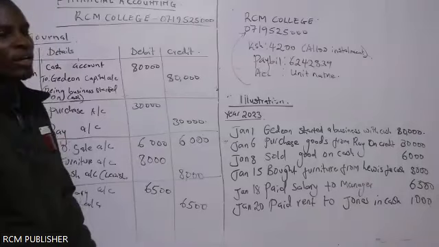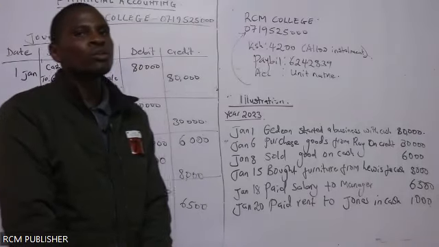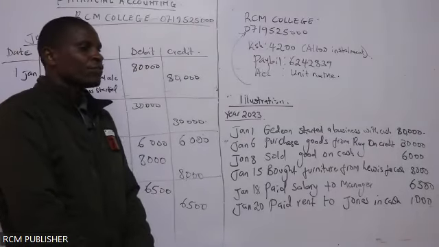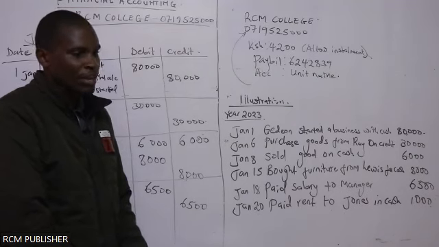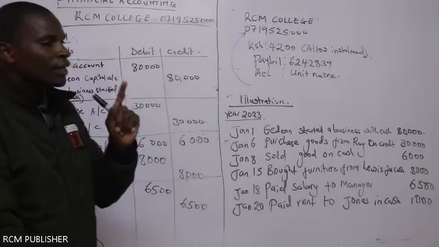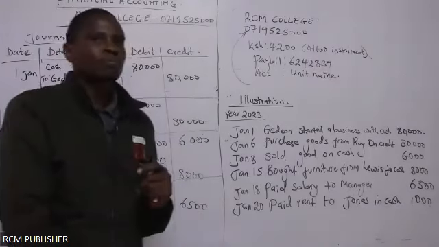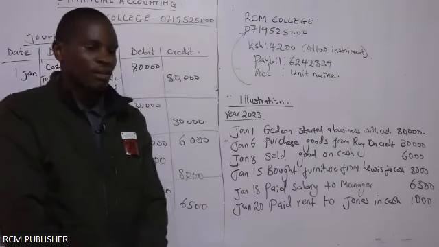Which account are we going to credit? Which account are we going to debit? You should know if we are giving out money, if our account is reducing, how we treat that transaction.